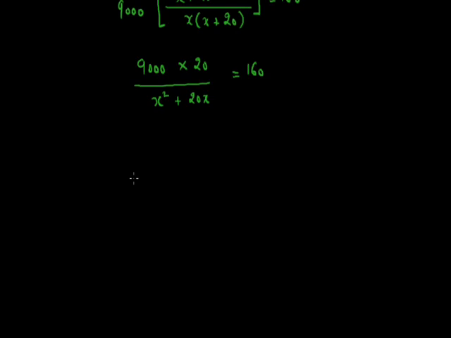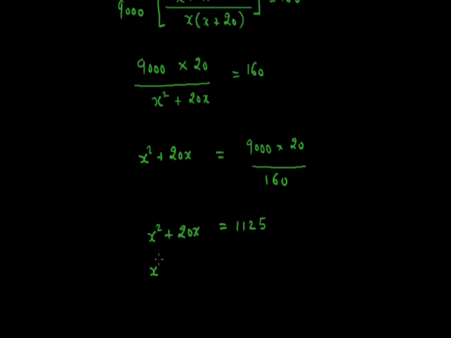So x square plus 20x is equal to 9000 multiplied by 20 upon 160. If we solve 9000 multiplied by 20 upon 160, it will become 1125.